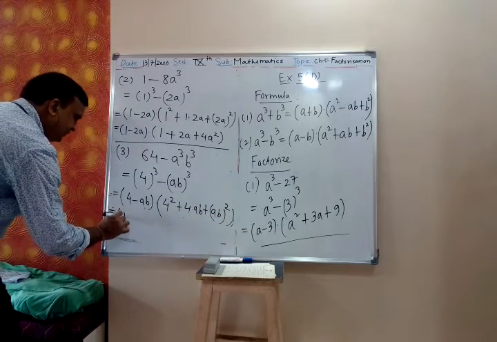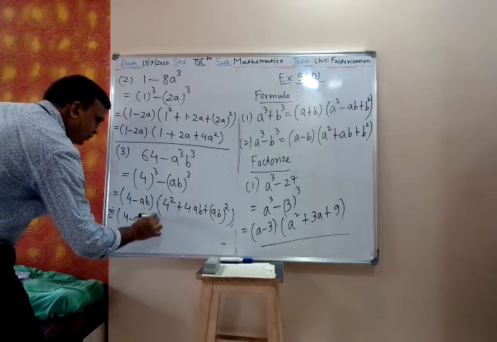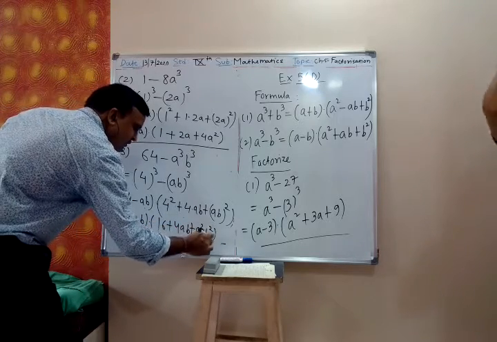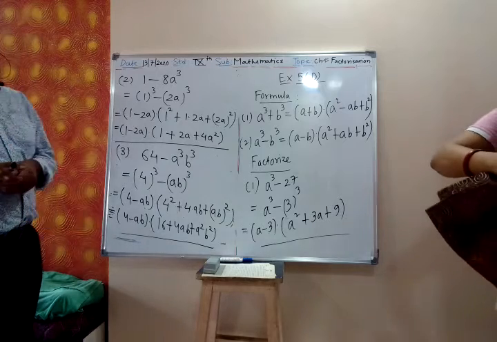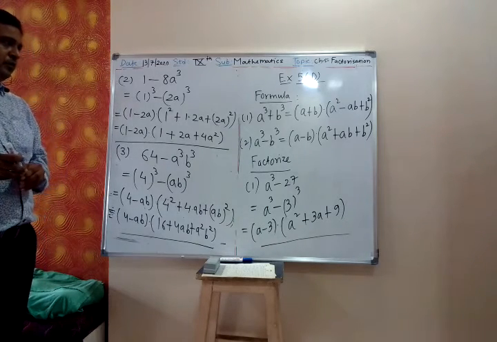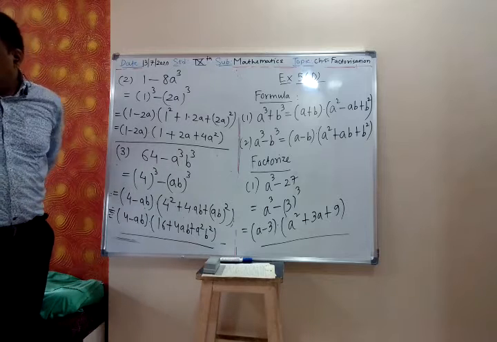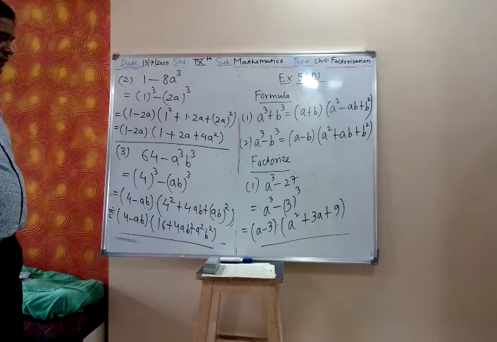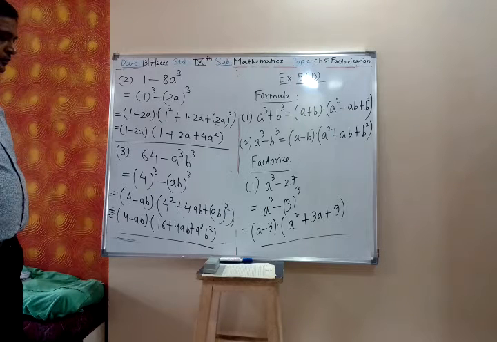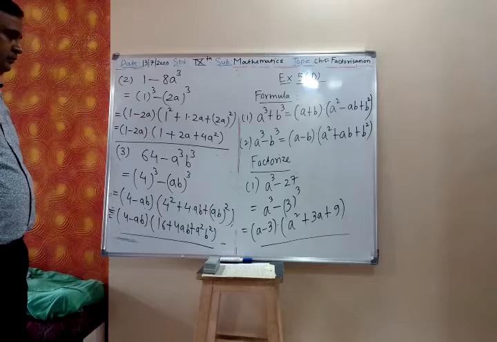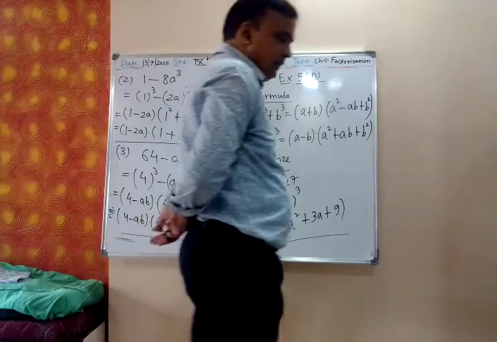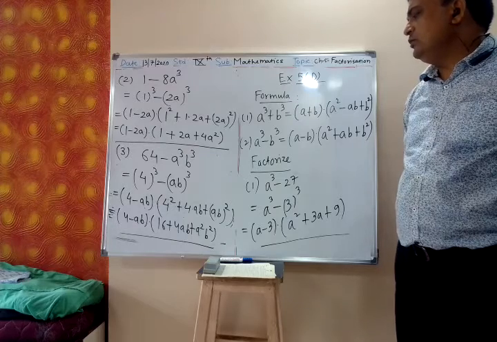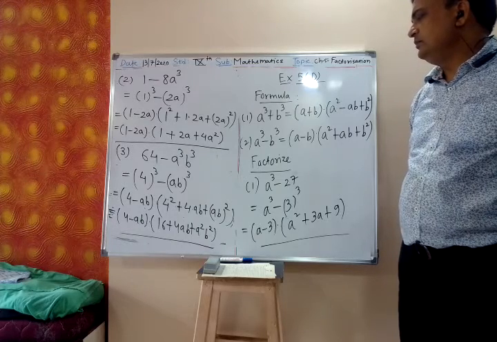So that becomes 4 minus ab into 16 plus 4ab plus a square b square, and this is the answer. ab whole square you can directly write as a square b square, no problem.